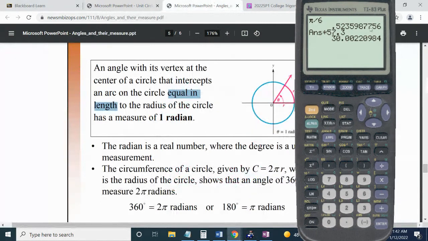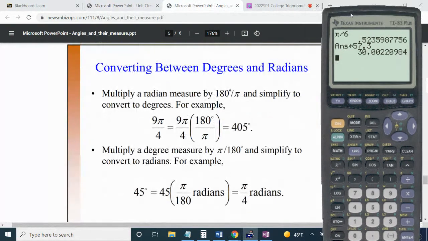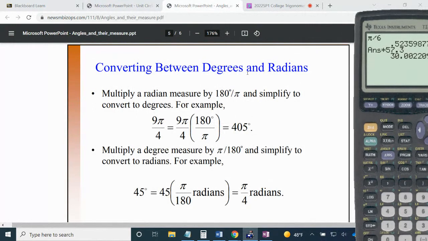All right, so let's take a look at some examples. Here we're asked to convert between degrees and radians. We're given 9 pi over 4, and we're asked to convert from radians to degrees. We're also asked to convert 45 degrees from degrees to radians.